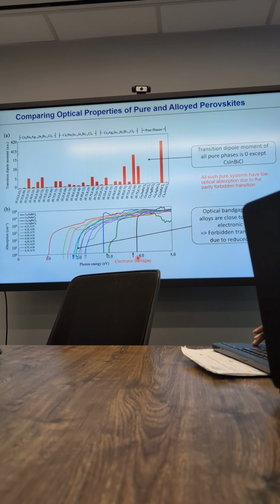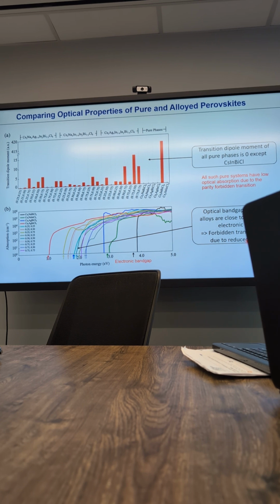Basically these are the alloys, and for most of them the absorption overlaps with their calculated electronic band gaps, and they try to show that the forbidden transition is broken in a way due to reduced symmetry. And I can explain this in terms of crystal structures, basically in that we want NS2 lone pairs in the pure phase.